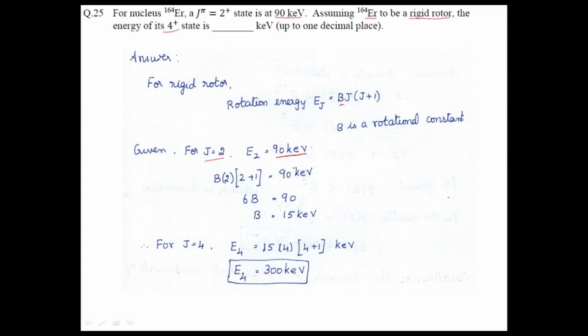Substituting the values of J and E in this expression, we find B as 15 kilo electron volt. Now we know the value of B. For the 4 plus state, J is equal to 4, so E of 4 is equal to 300 kilo electron volt.